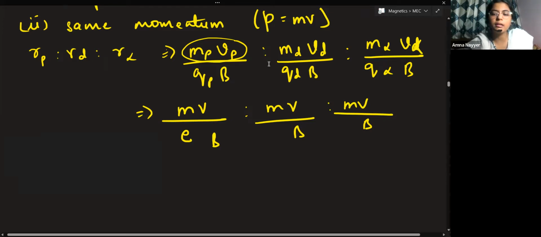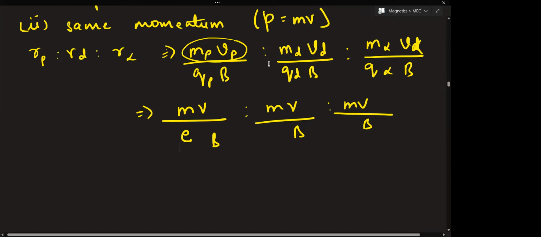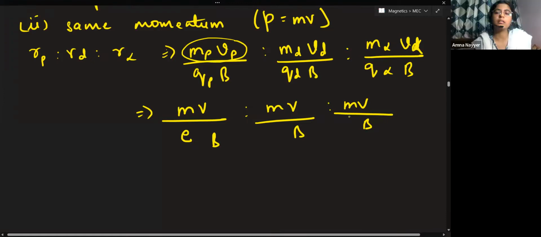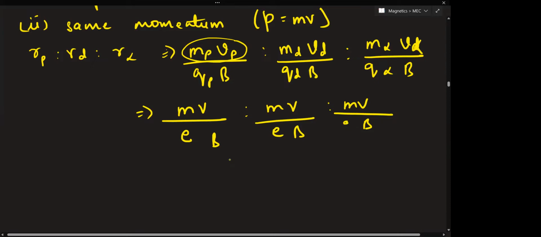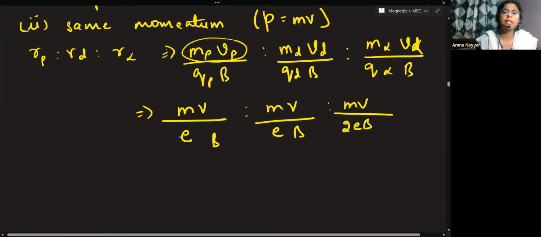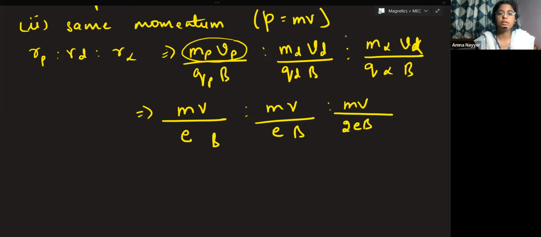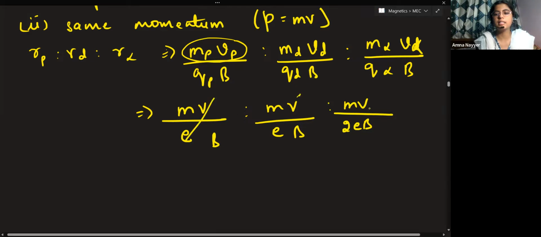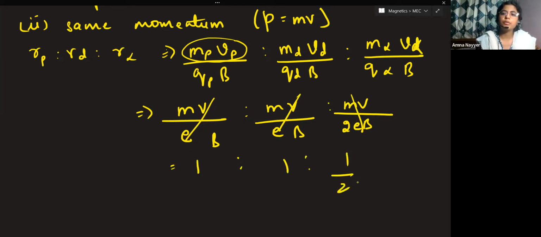It will be e. And for alpha also? 2e. These data I have made you write: e, e and 2e. So m, v, e, B, all 4 terms get cancelled. From here only 1 is to 1 is to 1 by 2 is left. That's the answer: 1 is to 1 is to half.